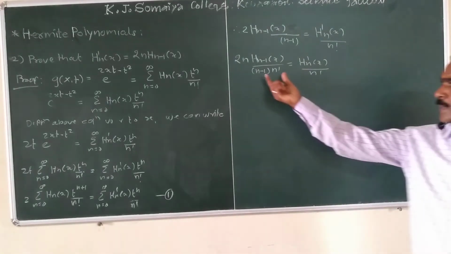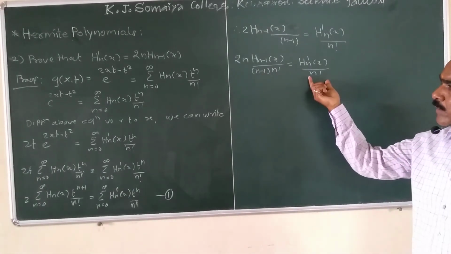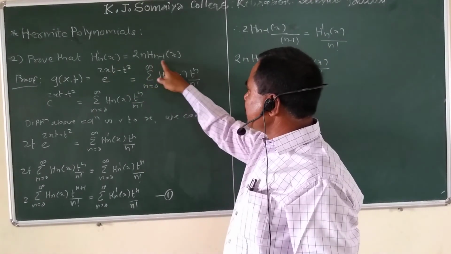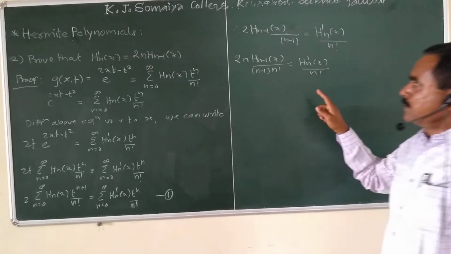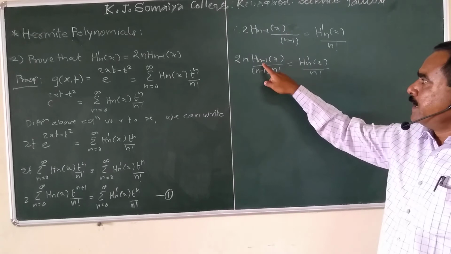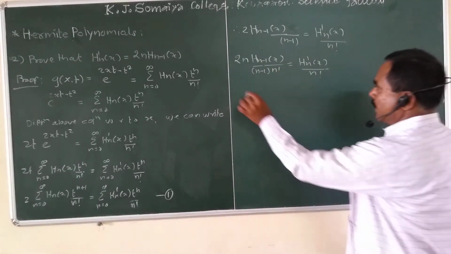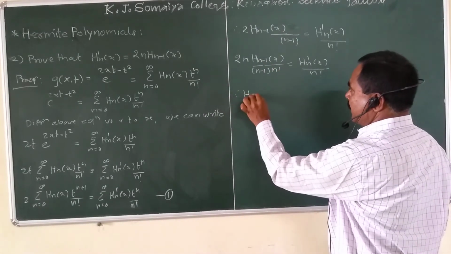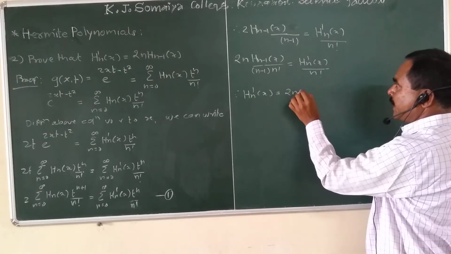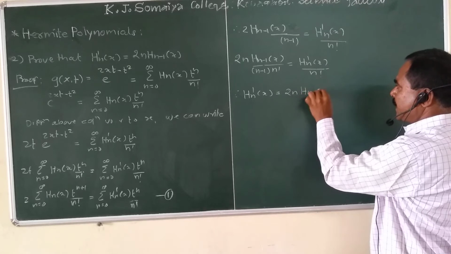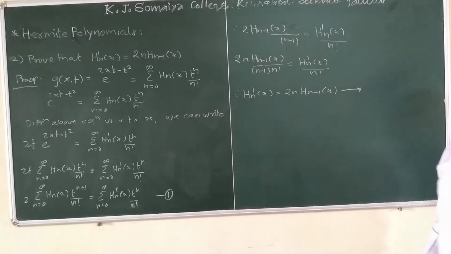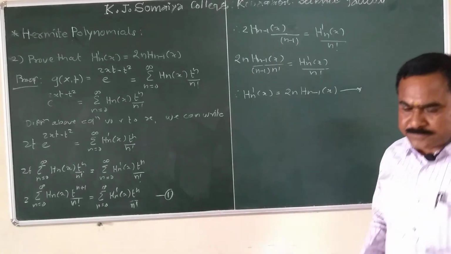Okay, so this becomes n factorial, this becomes n factorial, and our property is Hn dash equal to twice n Hn minus 1 of x. Therefore Hn dash x equal to twice n Hn minus 1 of x. So this is the proof of the second property.